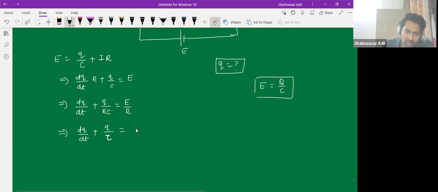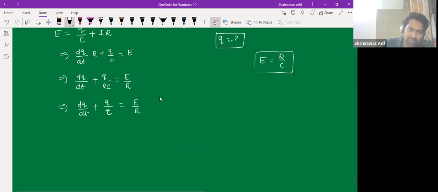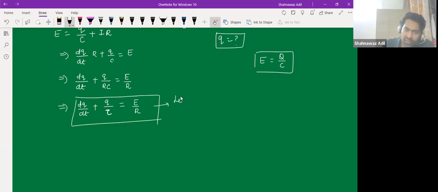When we solve this differential equation, this is a linear differential equation.